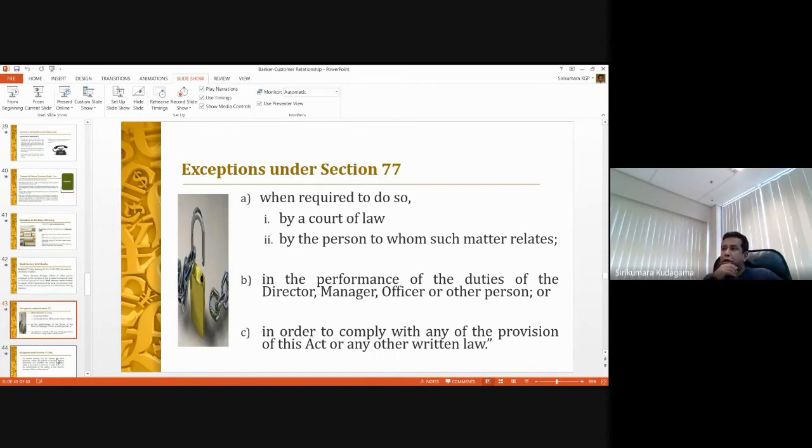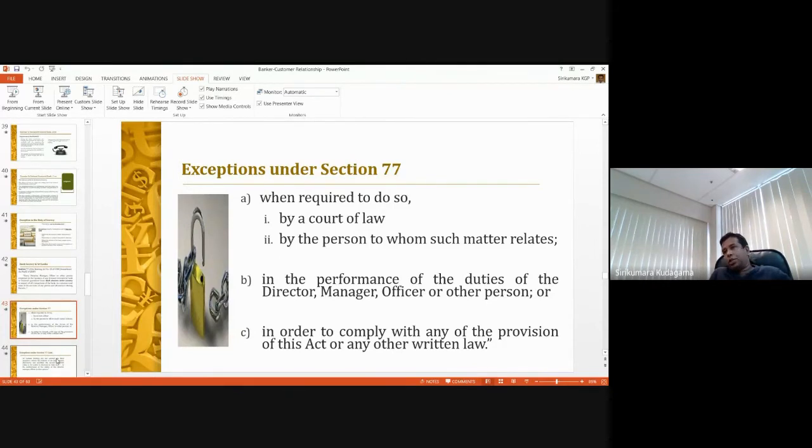Probably in commercial transactions, when people enter into certain contracts with others, contracting parties want to know the other party's financial strength. They want some sort of an independent verification. In those circumstances, the other party can authorize their bankers, can request their bankers to issue a confirmation as to what their financial strength is.